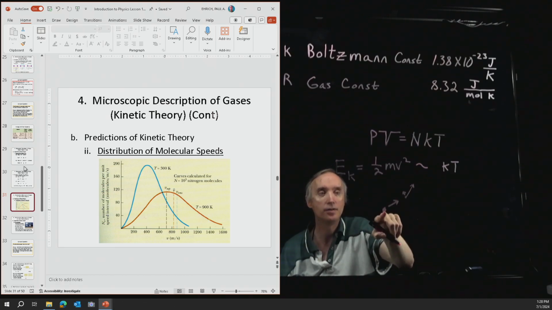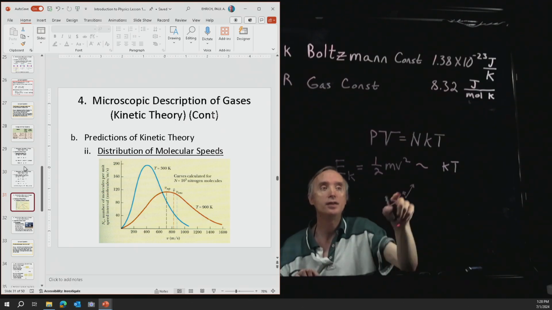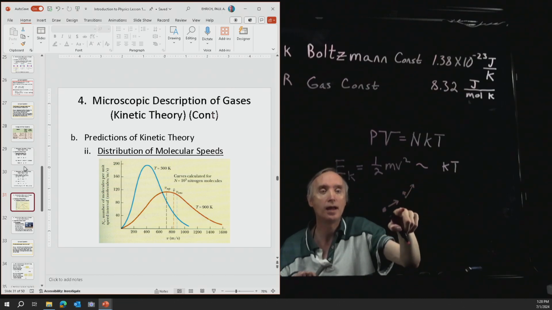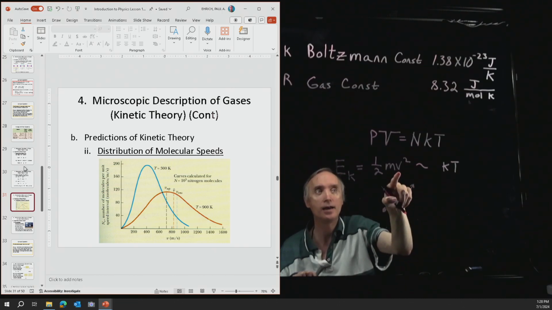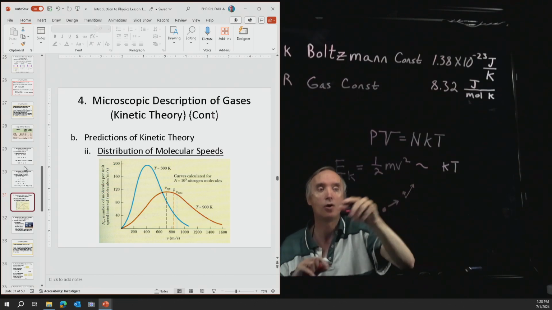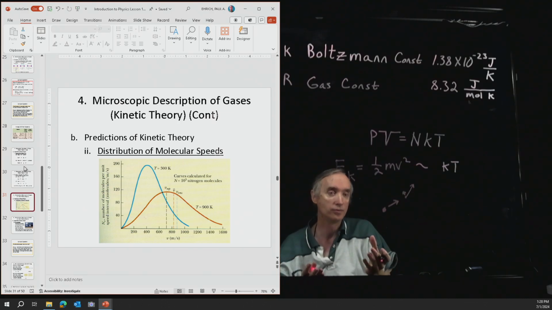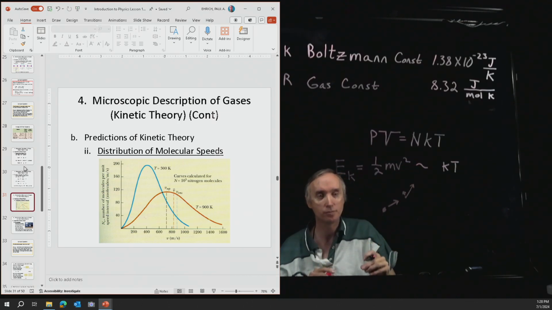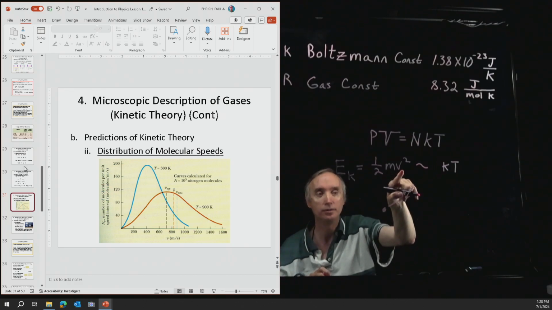And now let's say that this one, after the collision, is going very slow. So these molecules are going to have a certain average speed. When you take all of the molecules and all of their speeds and average them together, that's the average speed.